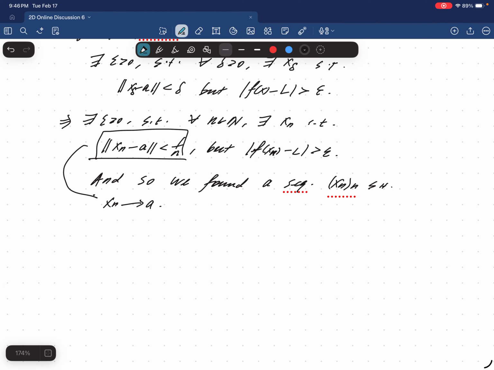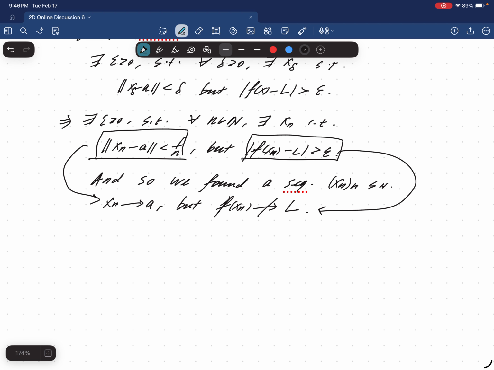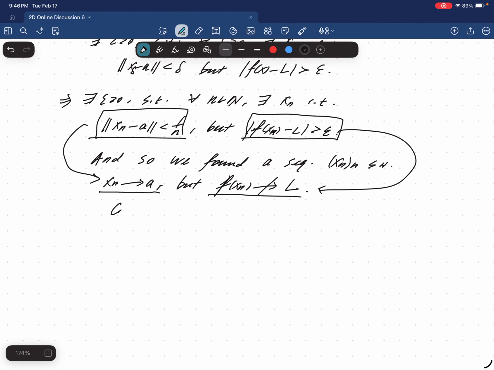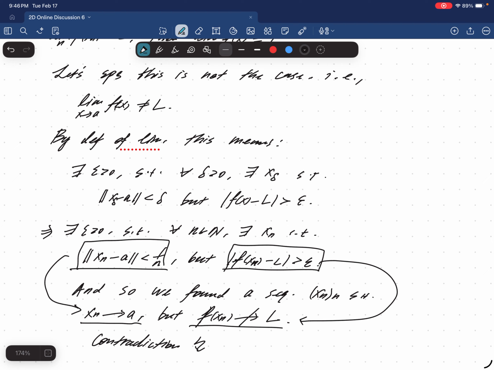So xn converges to A, but f(xn) does not converge to L, right? Because this is also true. So we found a sequence that converges to A, but the function value does not converge to L. So this contradicts our assumption. Why?